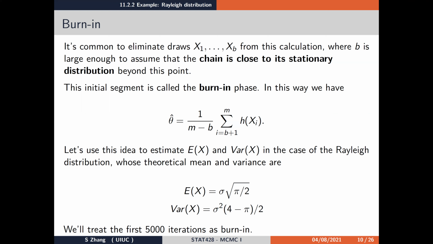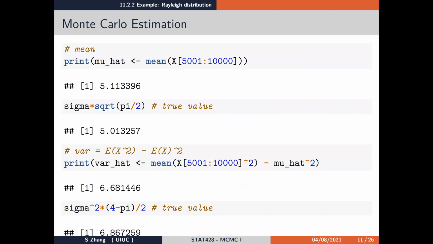In this case, I think earlier we assumed that n is equal to 10,000. So we will treat the first 5,000 iterations as our burn-in and just use the last 5,000 iterations to calculate theta hat. Let's first compute the mean Monte Carlo estimate.